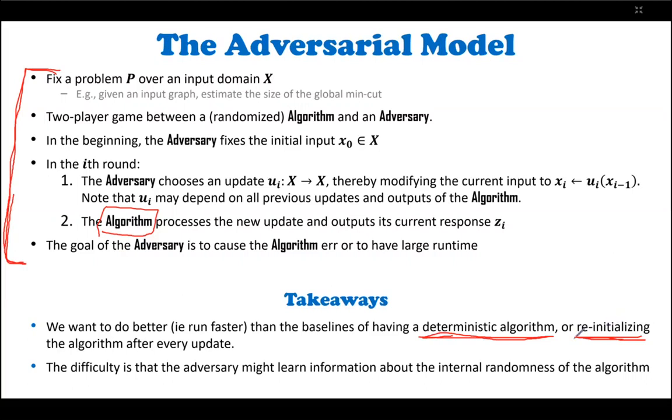So that would work, but it will also be costly. What we want are solutions that run faster than these two naive strategies. And like we mentioned, the difficulty is that when you construct randomized algorithms, you need to be careful because as time goes by, the adversary might learn information about your internal randomness, and then the adversary may use this in order to cause you to fail.